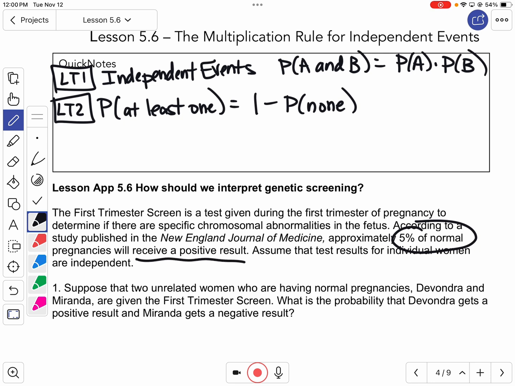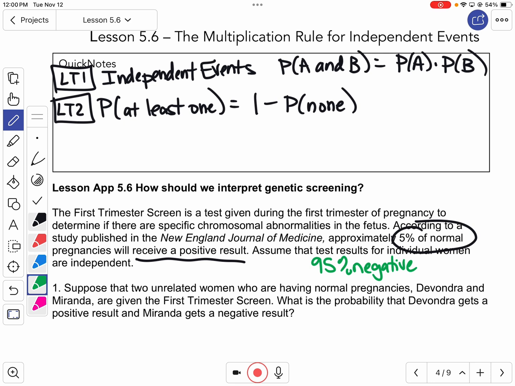Assume that the test results for individual women are independent. So it tells me up front that they're independent. So 5% get a positive result. What percent will get a negative result? 95. Okay, so that's good to know. I picked that out just from what they said: 5% get a positive result, 95% are going to get a negative.